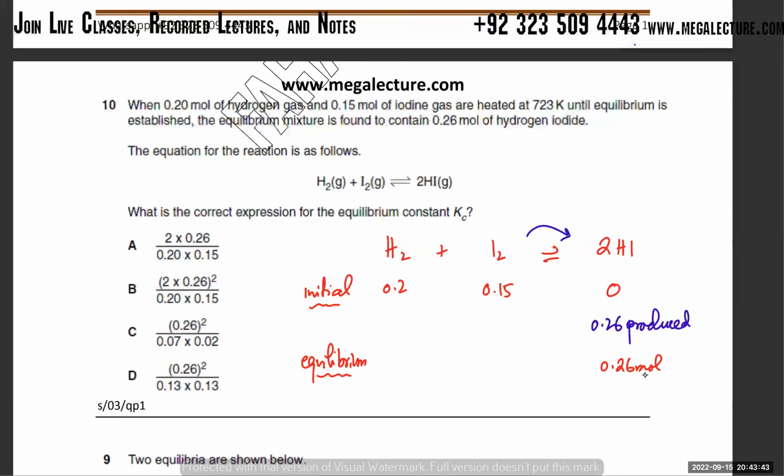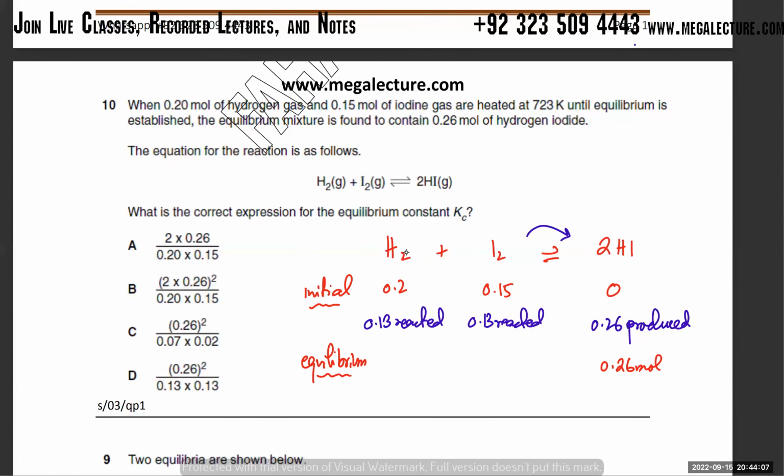So how much H2 and I2 must have reacted if 0.26 is getting produced? 0.13. 2:1, right? So 0.13 over here must have reacted, and 0.13 of this must have reacted as well.